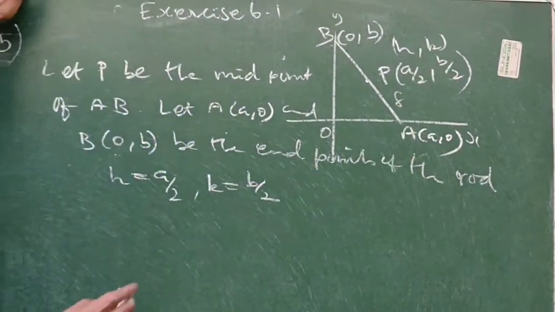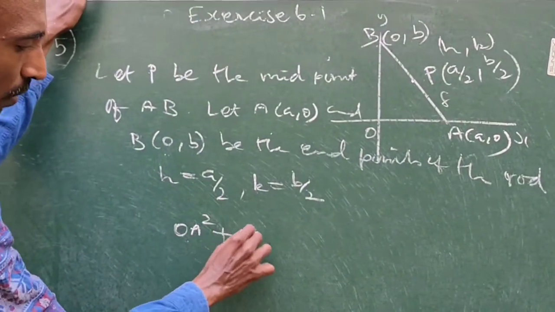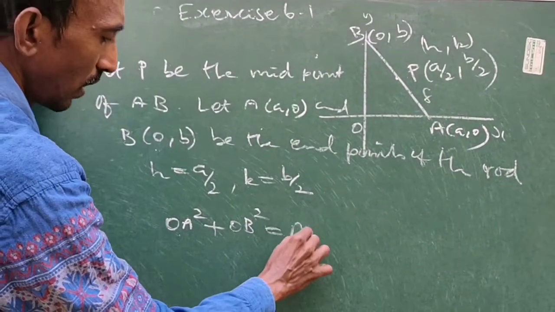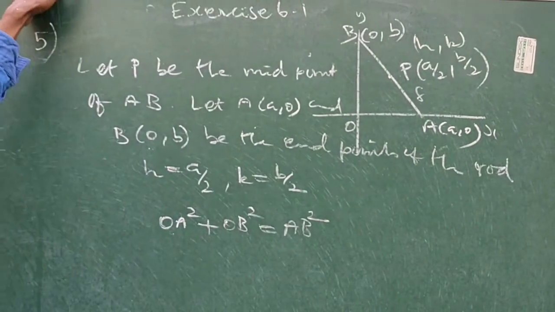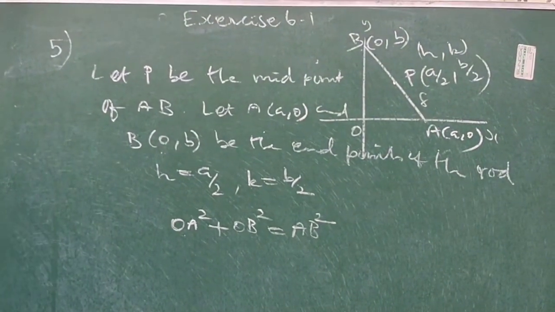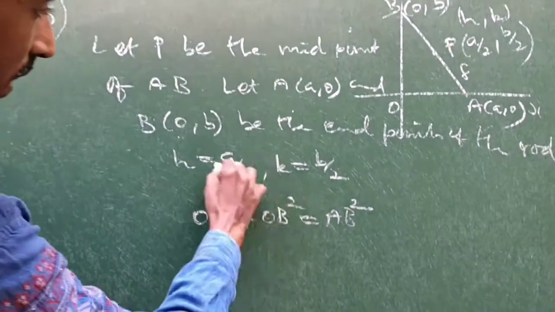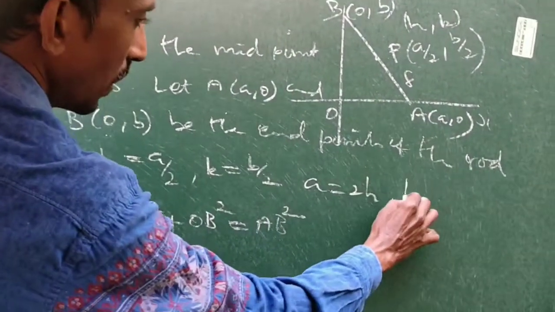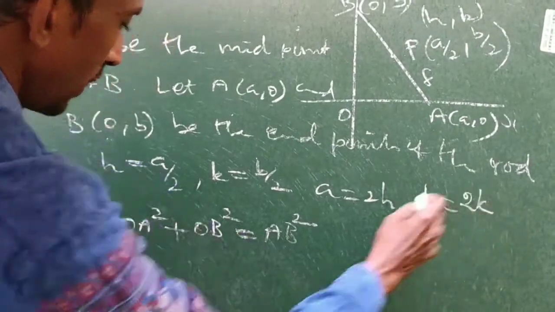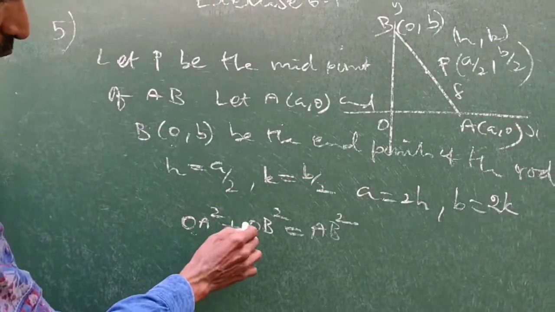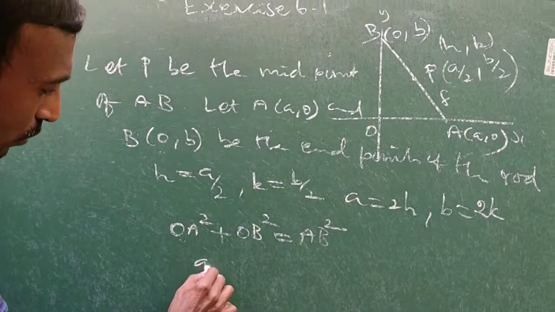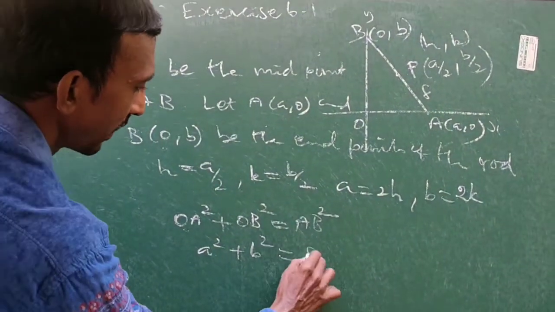So OA square plus OB square equal to AB square. So here A equal to 2h, B equal to 2k. So OA square plus OB square equal to A square plus B square equal to 8 square.